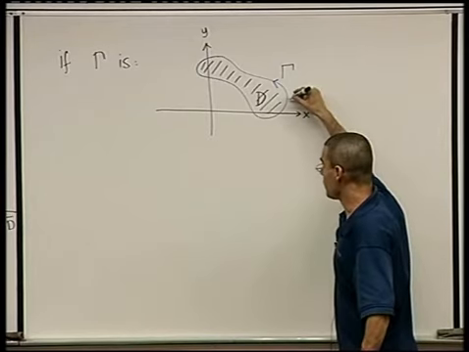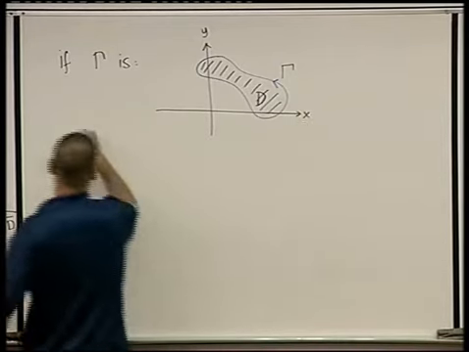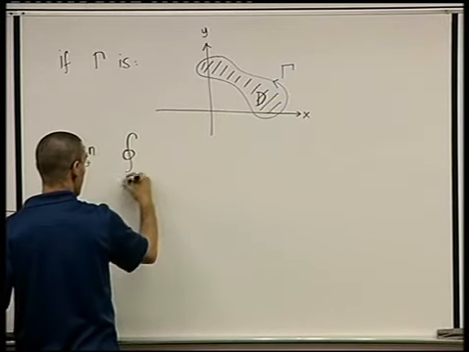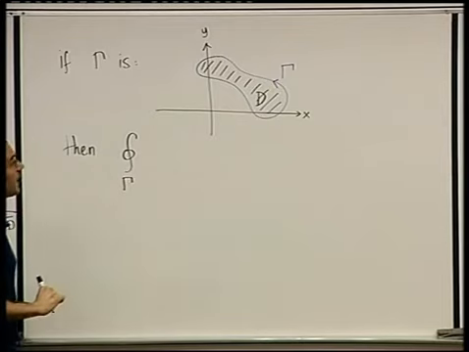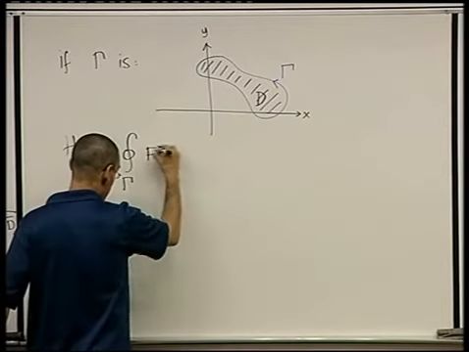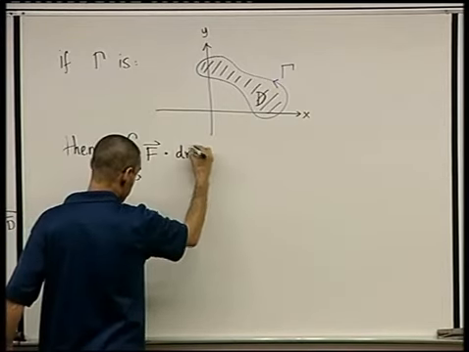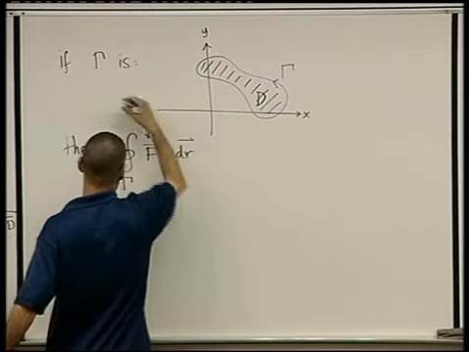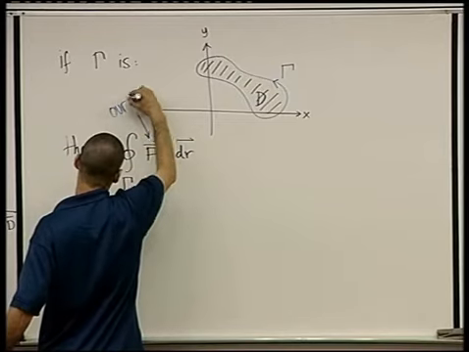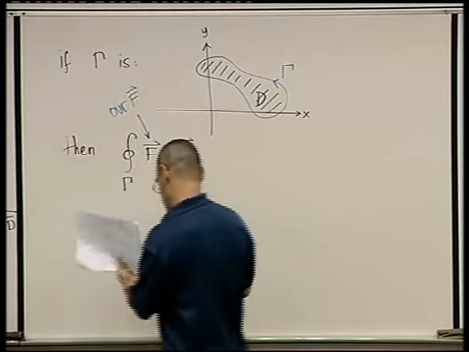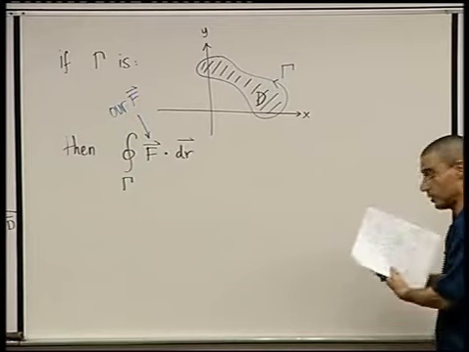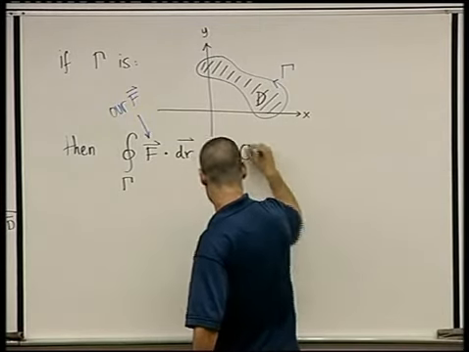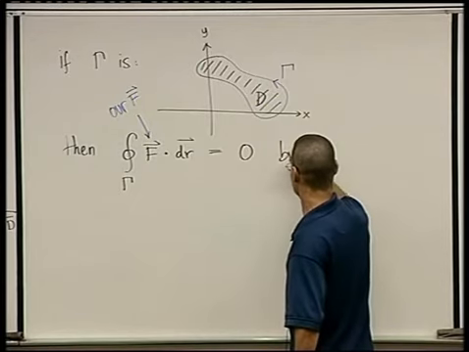Then the integral over the closed curve gamma of this specific f from this example, this is not just any f, this is our f, the field we're considering in this example, this classical field, is going to be 0 by Green.